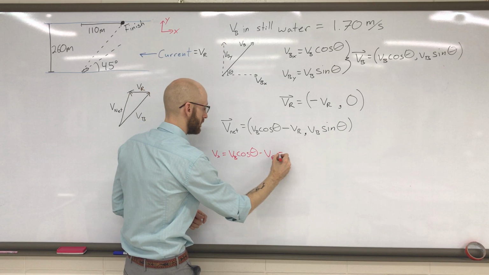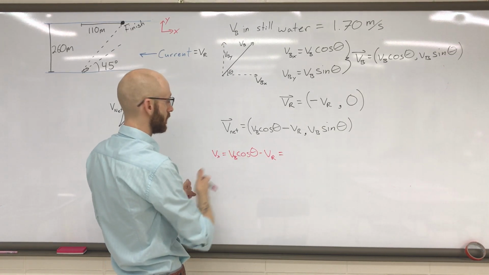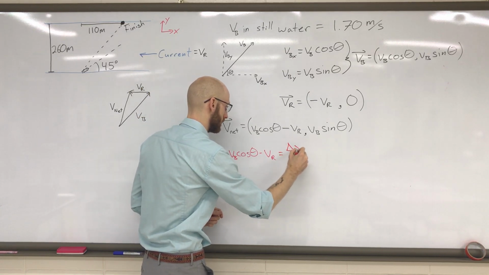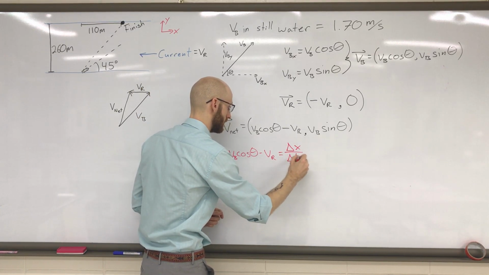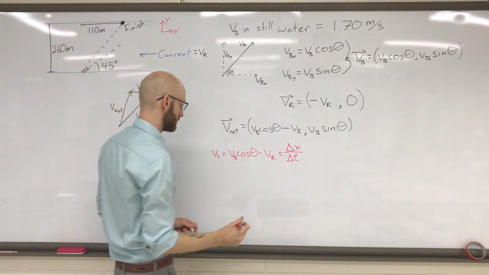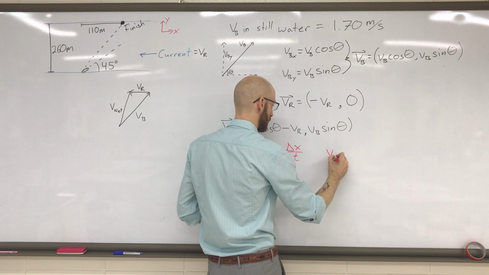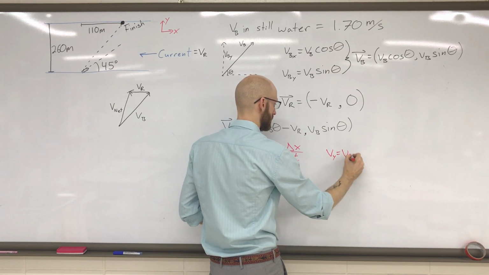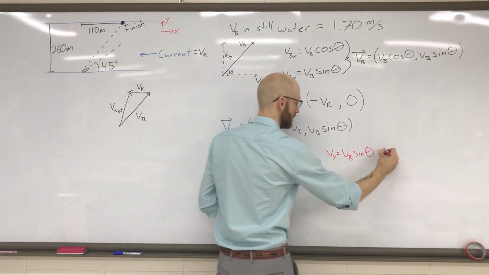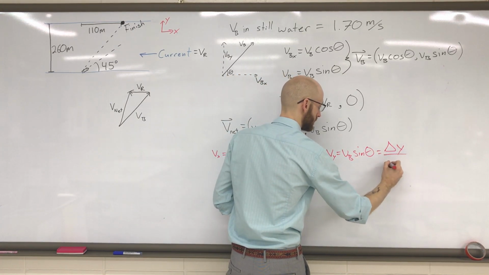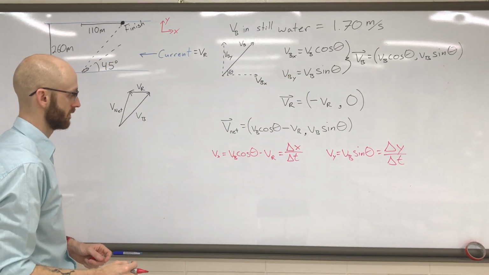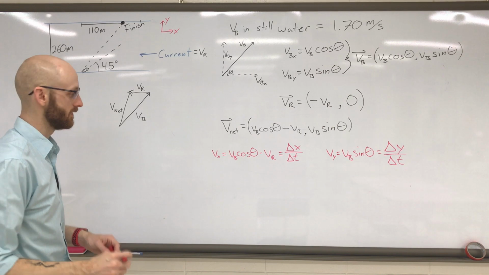Well, that should be equal to its horizontal displacement, that's the x displacement, over the time for which it travels. Similarly, we could write Vy, which is Vb sine theta, and that is equal to its displacement in the vertical direction per time. We've actually done all of the physics now.